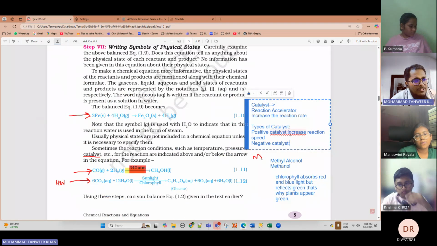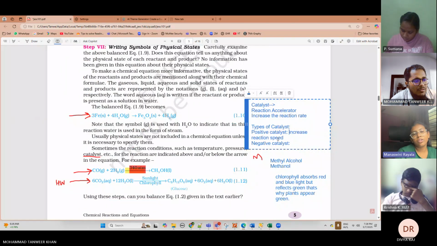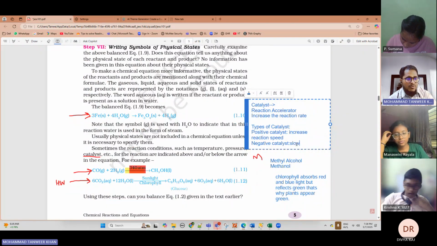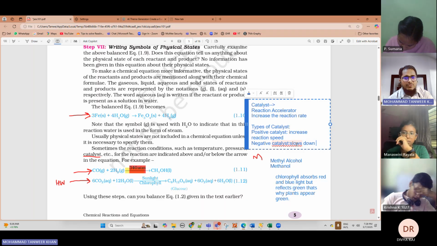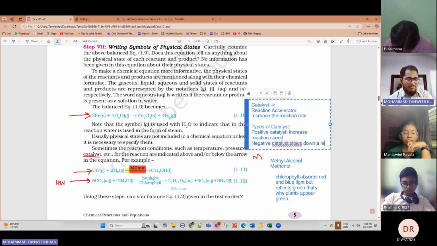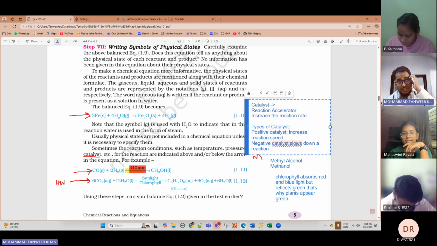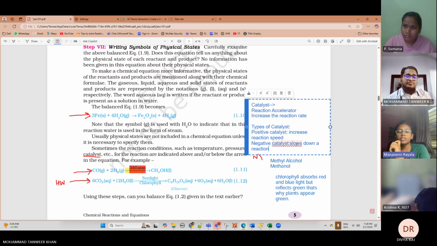A negative catalyst slows down the reaction process, or you can also say it decreases a chemical reaction. If you want to increase the reaction rate, which one will you use, positive or negative? Positive.